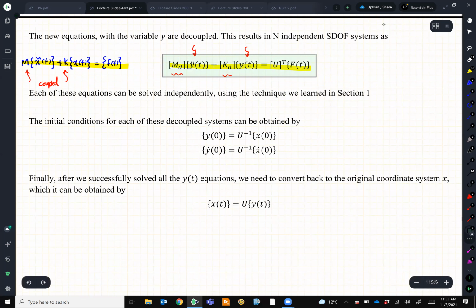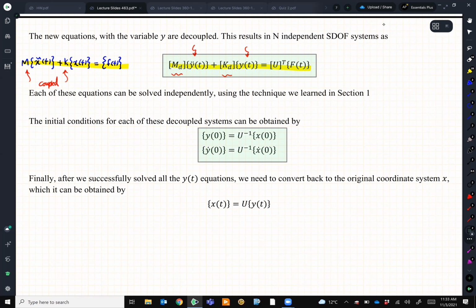In case you have initial conditions, remember we are changing our system from x1, x2, and so on to y1, y2, a new system, new coordinates. Our initial conditions will also change. After you solve your equation, obviously you get the answer in y coordinates.